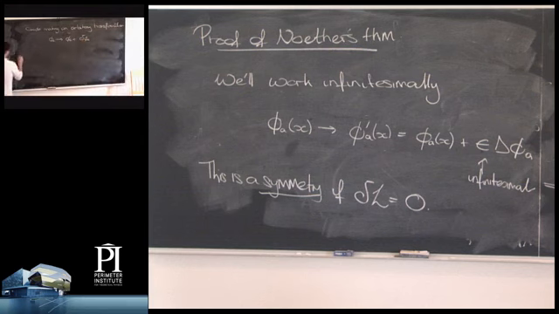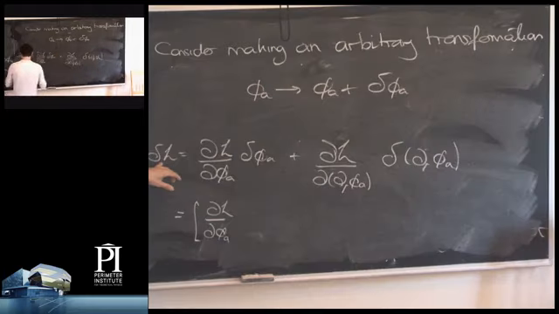Well, how does the action change? We did these calculations yesterday when deriving the Euler-Lagrange equations. The Lagrangian depends on phi and the derivative of phi. So the change in the Lagrangian has two pieces, one where phi changes, one where the derivative of phi changes.